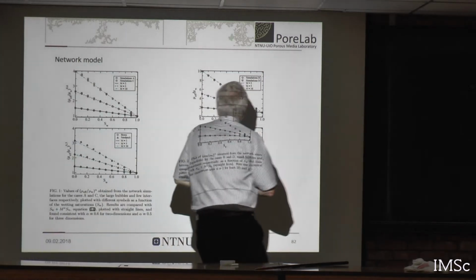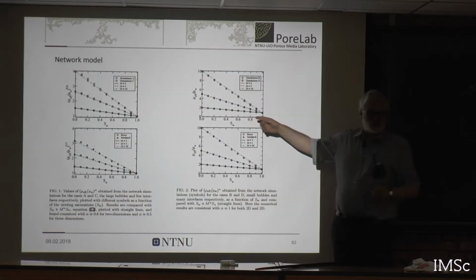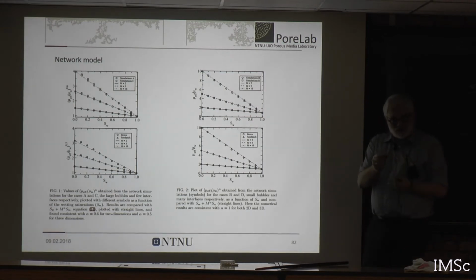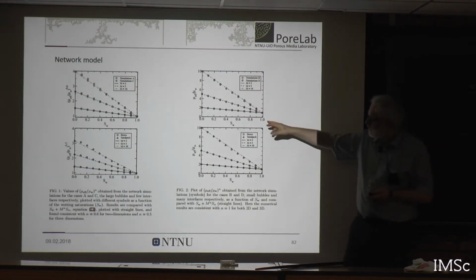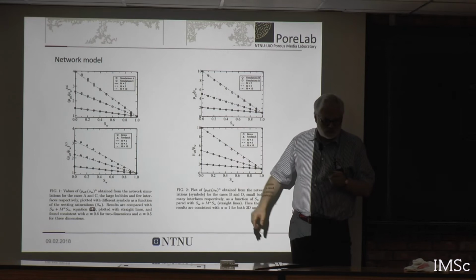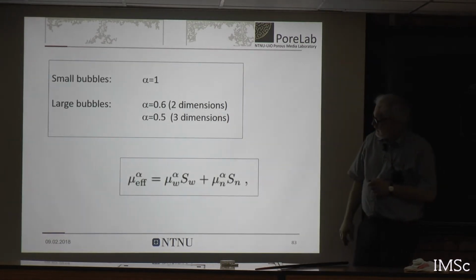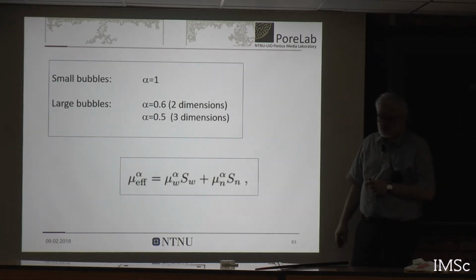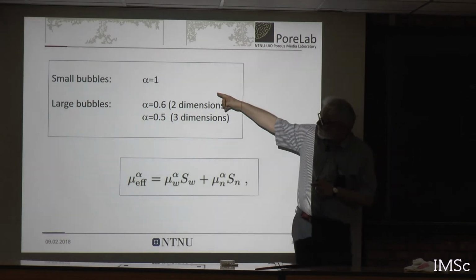But if you let your system have many bubbles in each link, then the exponent is 1. So there are two behaviors we're seeing. For small bubbles, alpha equals 1.